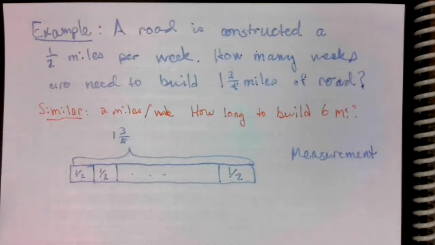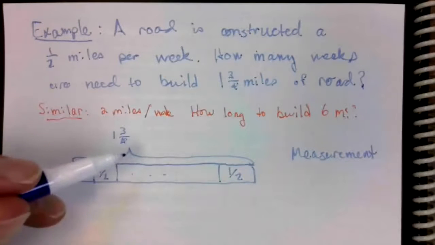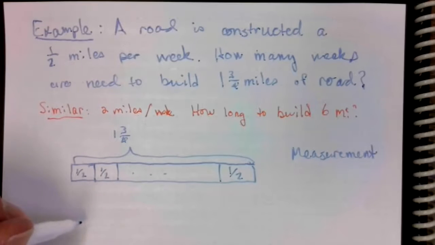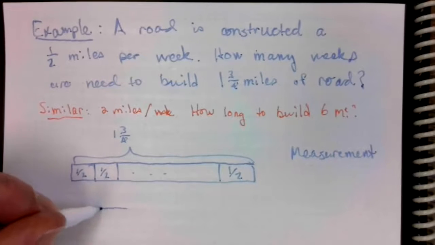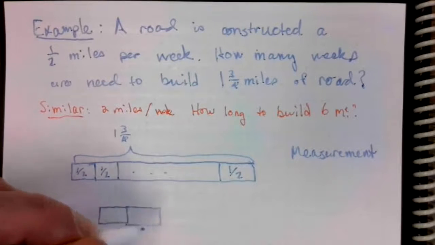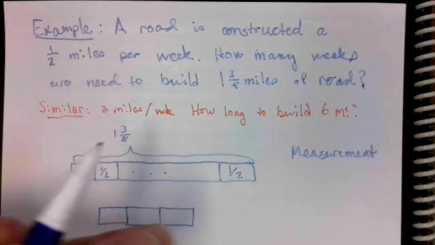So let's think about this here. We want to do 1 3/4, okay? So I'm thinking about taking 1/2 and kind of adding it to itself until I get 1 3/4.